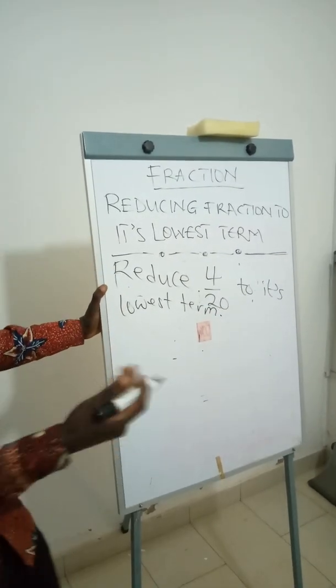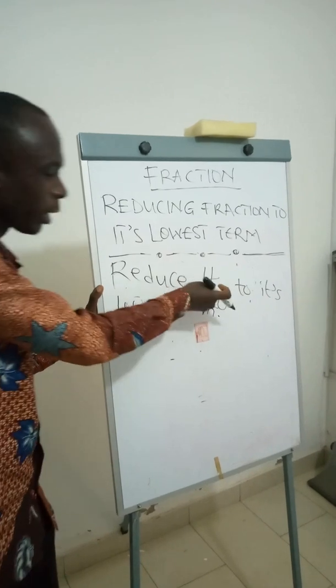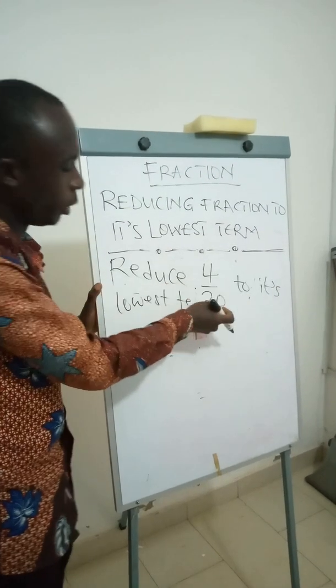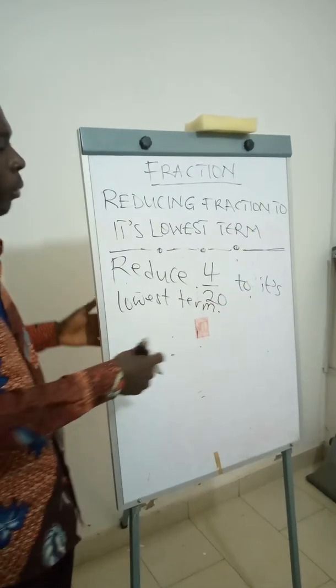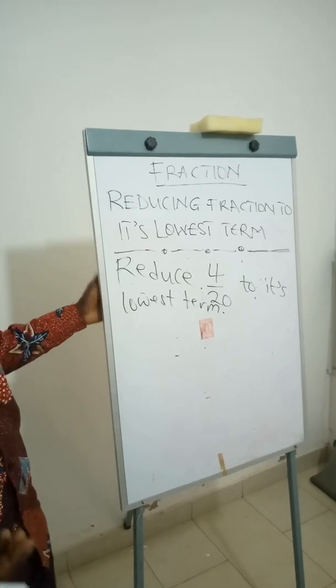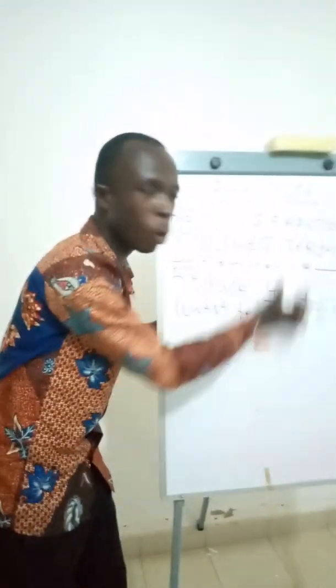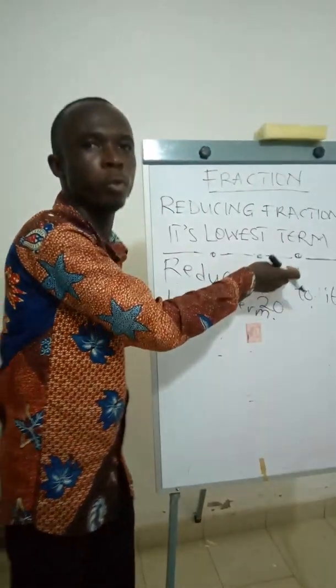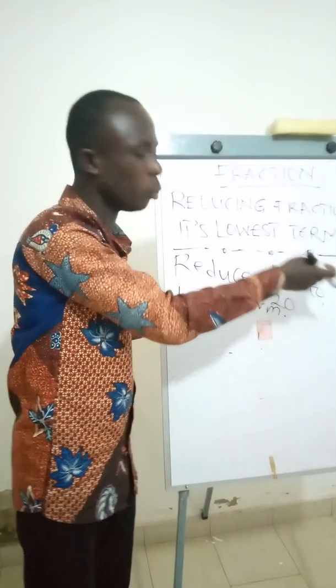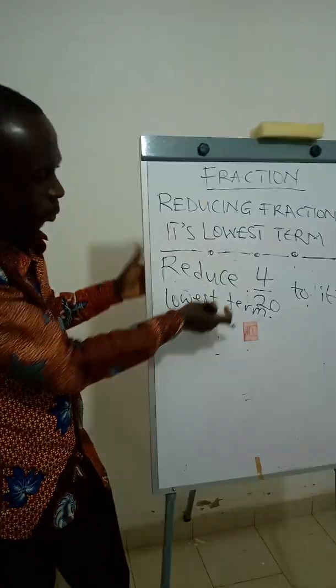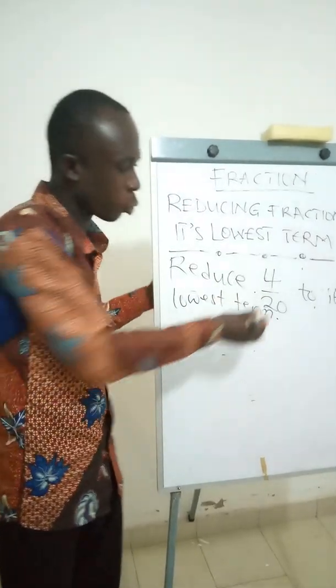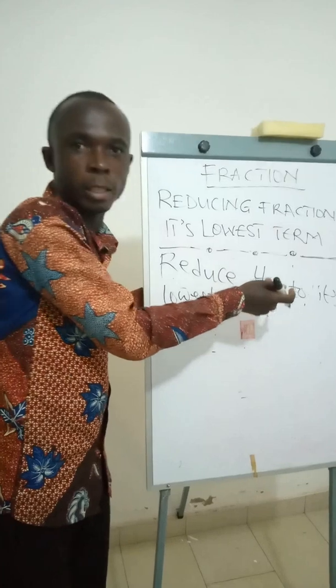Now we have 4/20. The numerator is 4 and the denominator is 20. One may ask, what is our common divisor? You should get the same common divisor that goes into 4 and at the same time into 20. So we can start from 2.